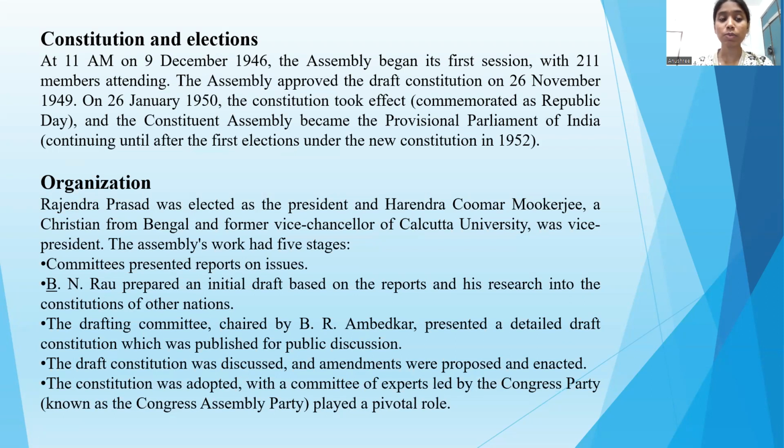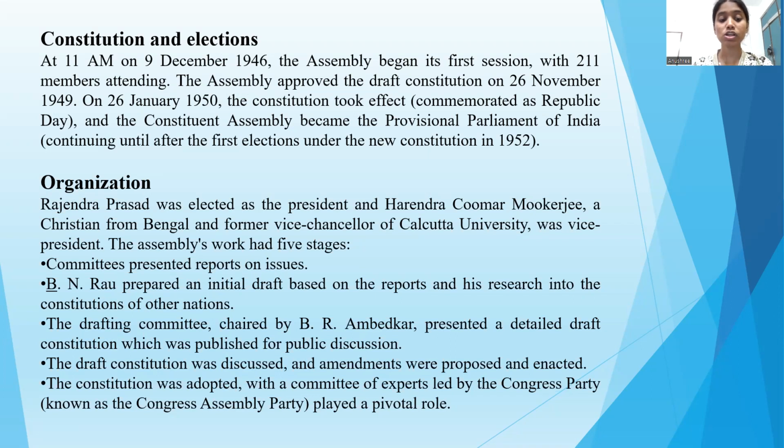Organization. Rajendra Prasad was elected as the president and Hirendra Kumar Mukherjee, a Christian from Bengal and a former vice chancellor of Calcutta University, was vice president. The assembly's work had 5 stages. Committees presented reports on issues. B.N. Rau prepared an initial draft based on the reports and his research into the constitutions of other nations.